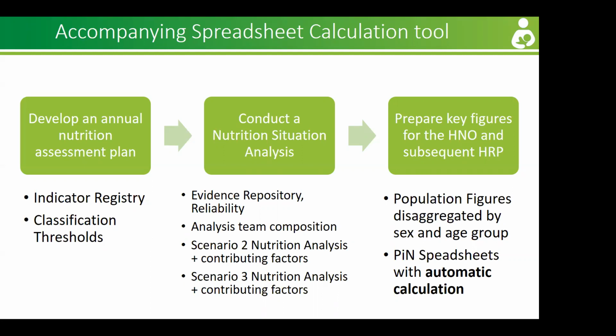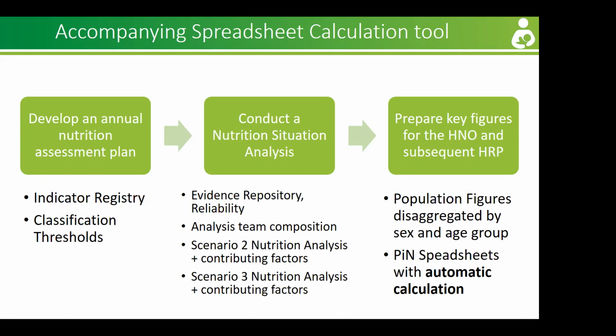And we have different tabs depending on which scenario we fall in, whether it's scenario 2, the nutrition situation analysis where an IPC acute malnutrition cannot be done, and what would be those steps. And then also scenario 3, which has a more elaborate proposed scoring system based on 10 indicators, and how that would take shape once being used to determine the overall severity classification.